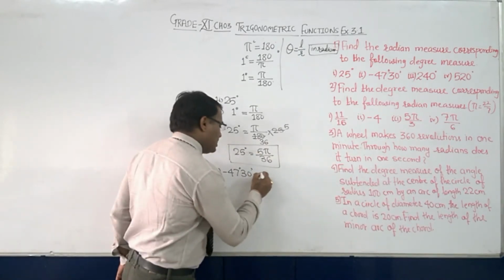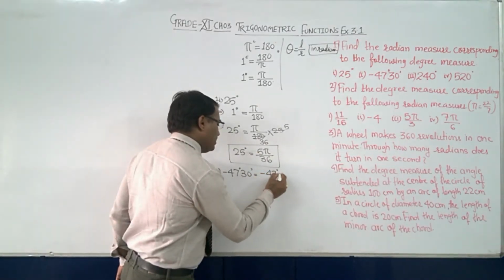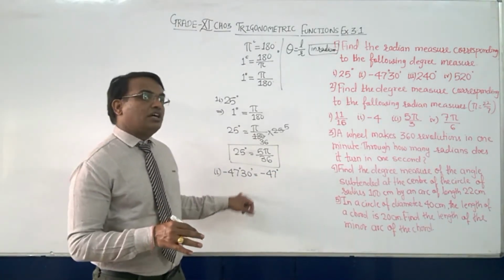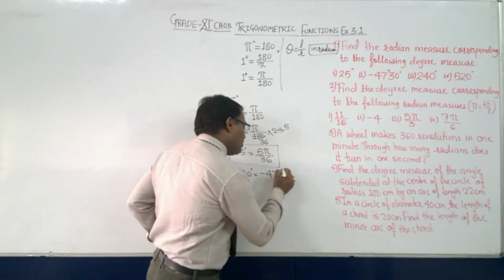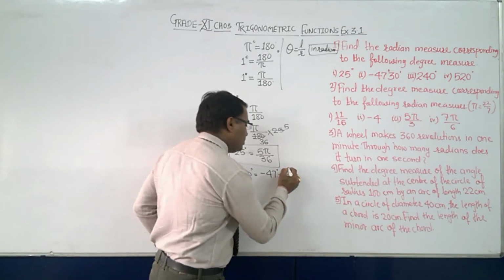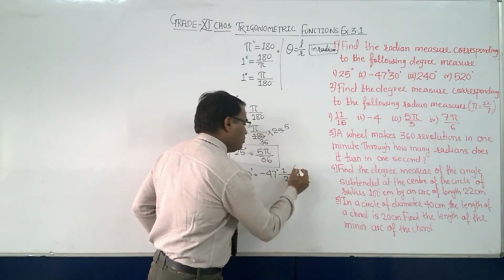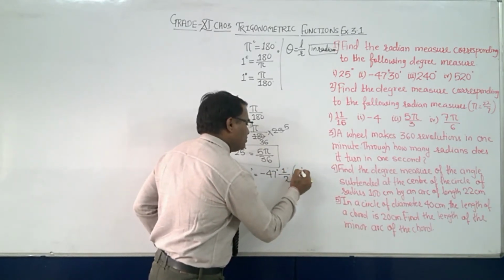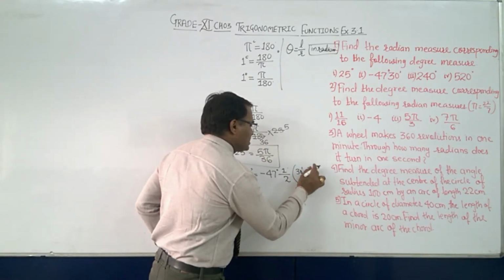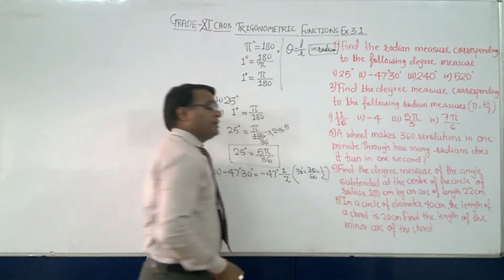So this is nothing but minus 47, and you know that 60 minutes is equal to 1 degree. So 30 minutes is equal to what? 1 by 2 degrees. That is, 30 minutes is equal to 30 upon 60, which is 1 by 2 degree.